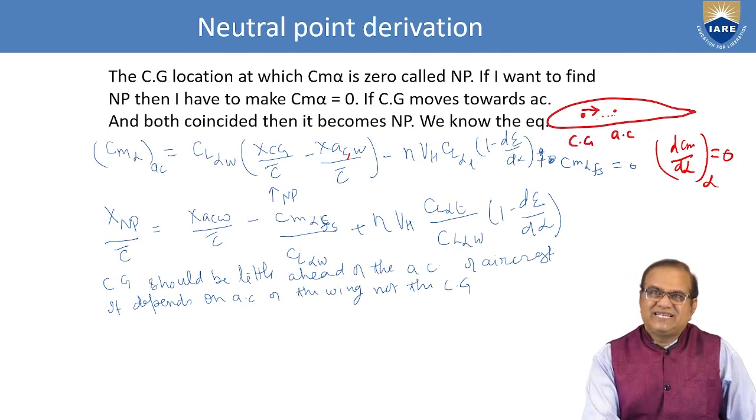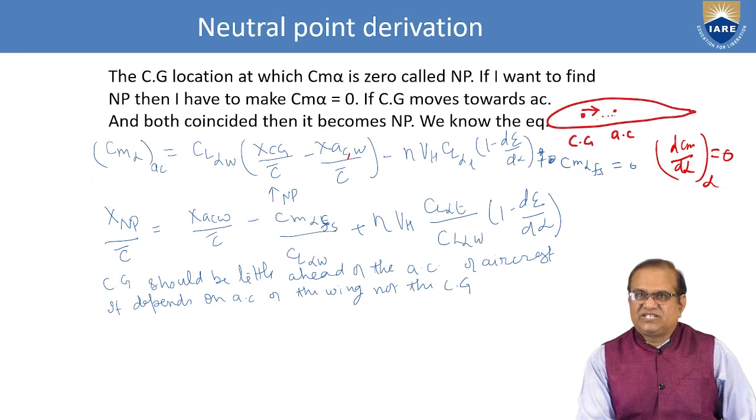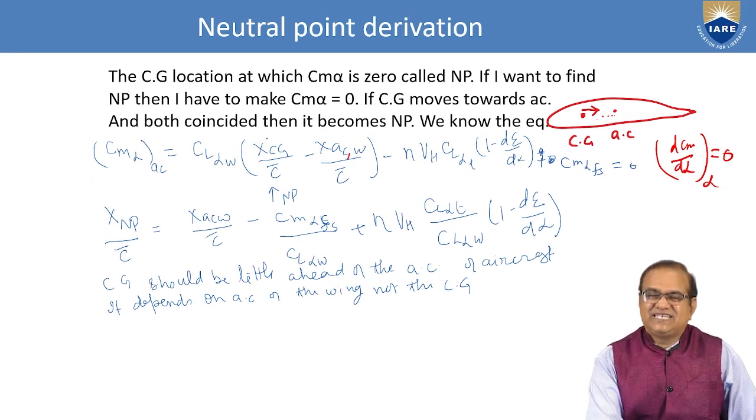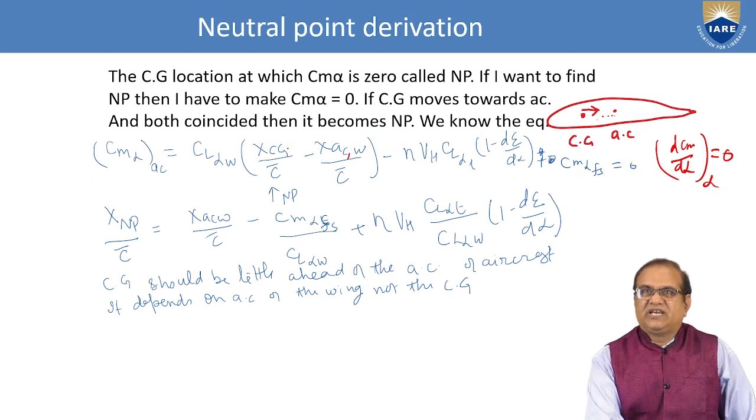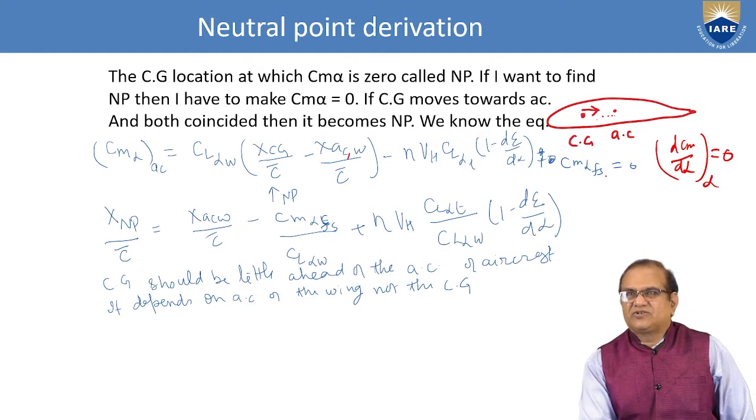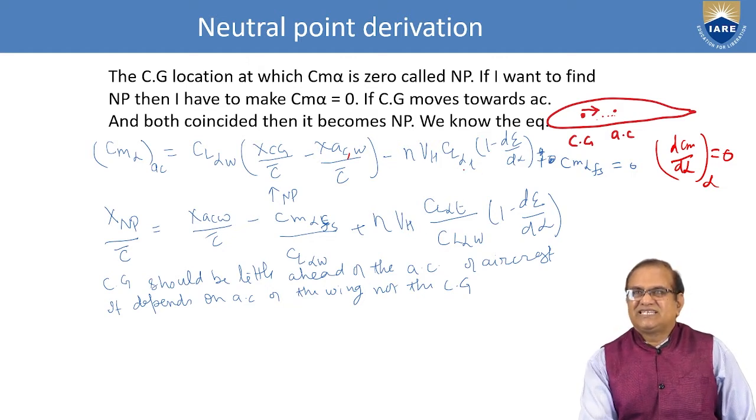So we have mentioned here this equation as 0. Now this XCG has become XNP. So XNP by C bar is equal to this X. From here we have taken neta VH Cl alpha T divided by Cl alpha W, 1 minus d epsilon by d alpha.